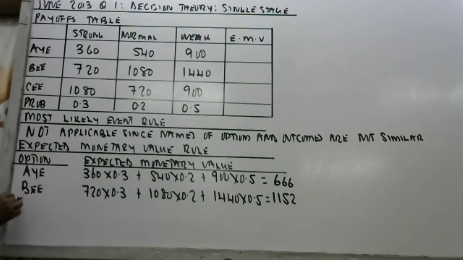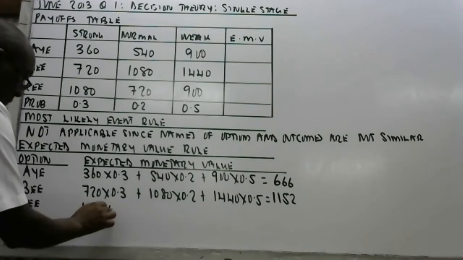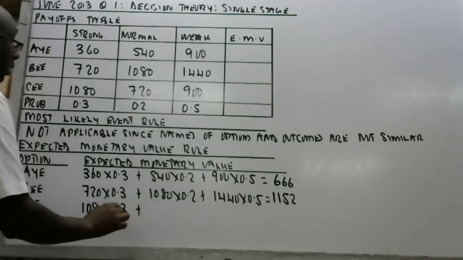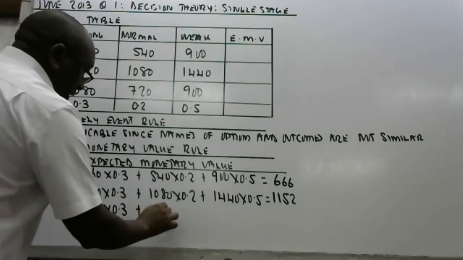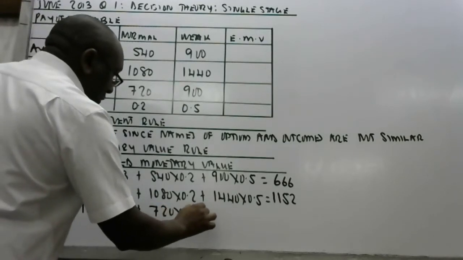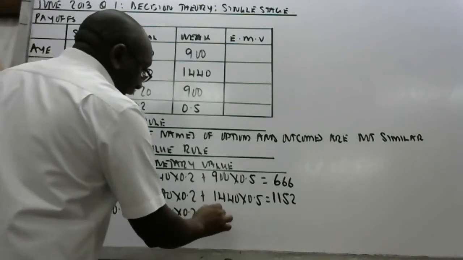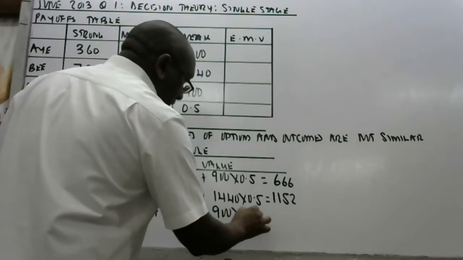1152. Then let's go to C. C, I have 1080 multiplied by 0.3 plus 720 multiplied by 0.2 plus 900 multiplied by 0.5.